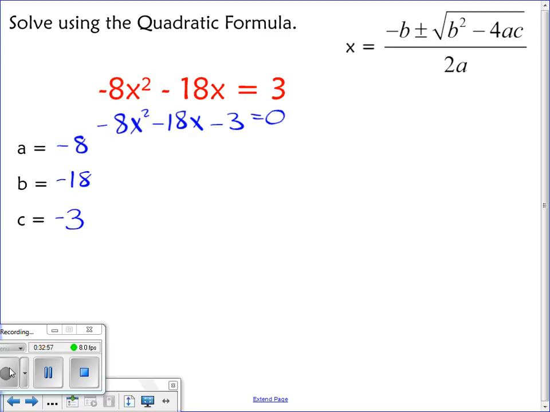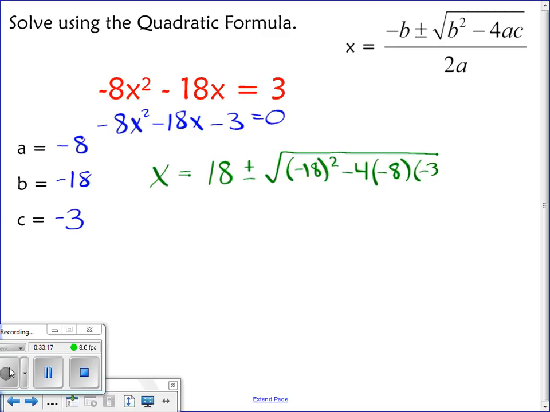All right, so plugging into our formula, x equals negative b, so it makes that positive 18, plus or minus the square root of b squared. All right, be careful there. Minus 4 times a times c, all over 2 times a.